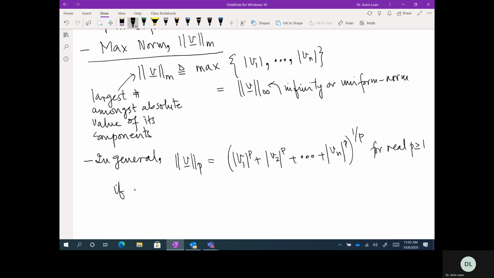So if p is equal to 1, this implies the one norm of v is simply the sum of the absolute values.